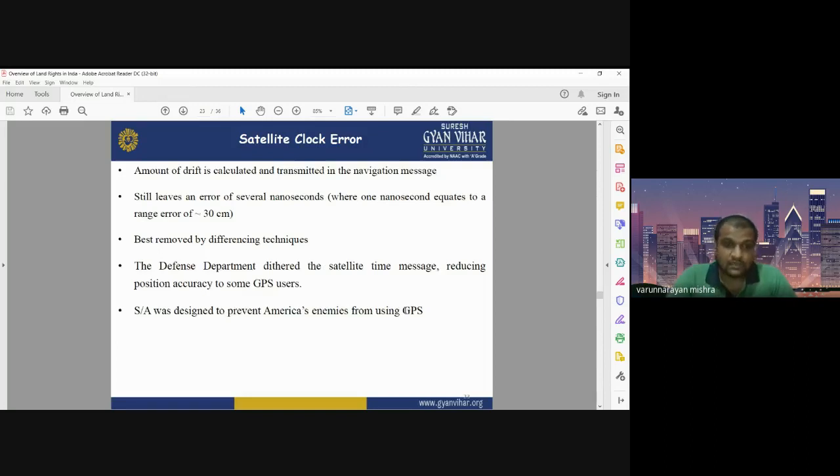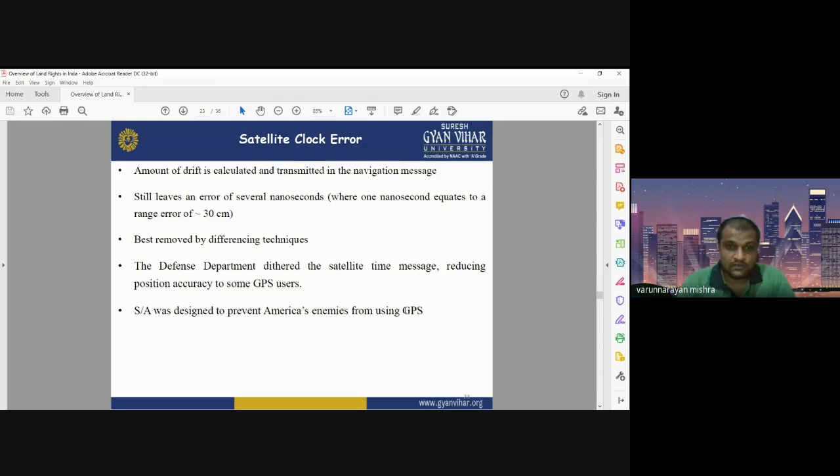Although we receive the information, it is not as accurate as what is received for the military, intelligence operations and other confidential operations of the government of the USA. So this is the satellite clock error, and it is very important to know that satellite clock error can affect the signal coming from the GPS satellite.